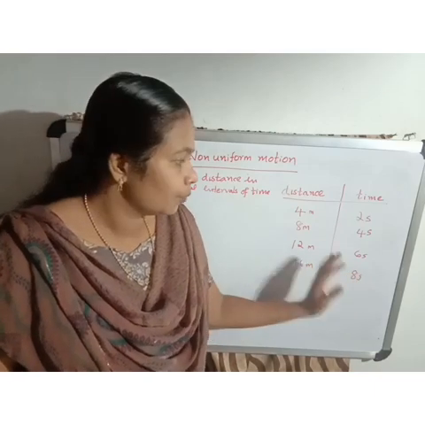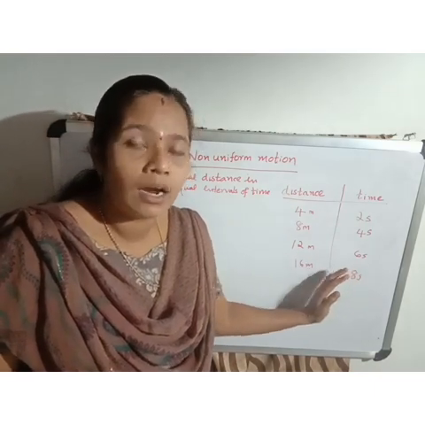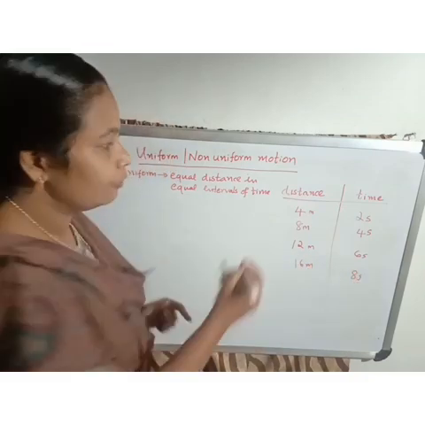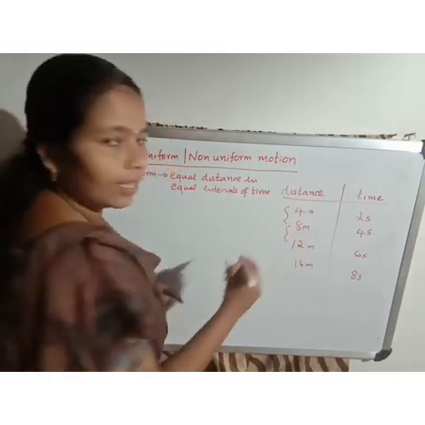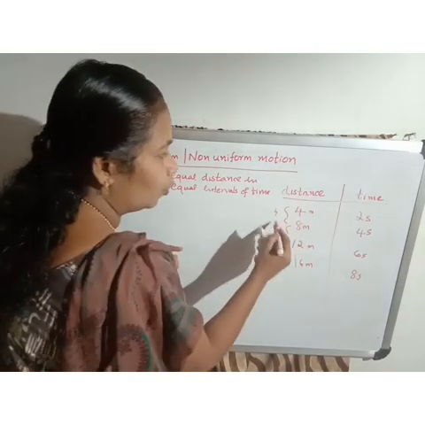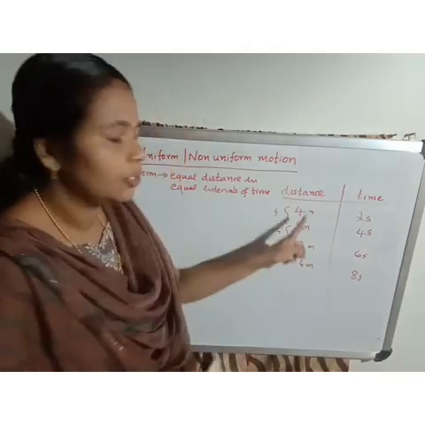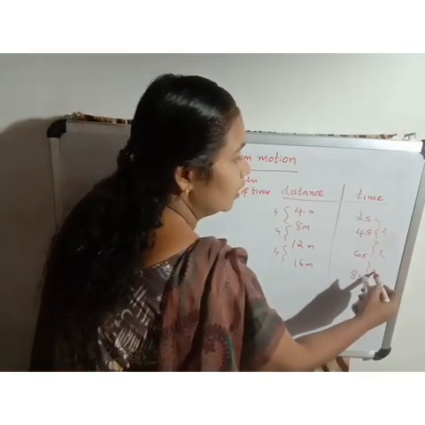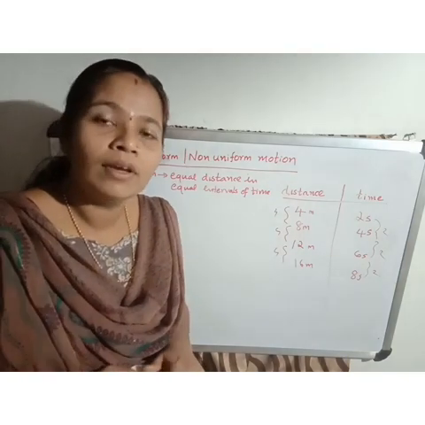How did we come to know, by giving this data, that this is a uniform motion? It's clear from this difference. You can see the same difference between the numbers: a difference of four here, and here also a difference of two. So the difference will be the same.